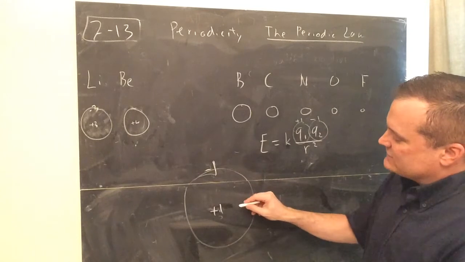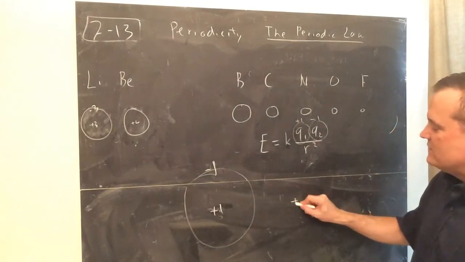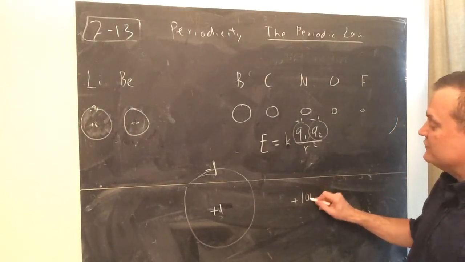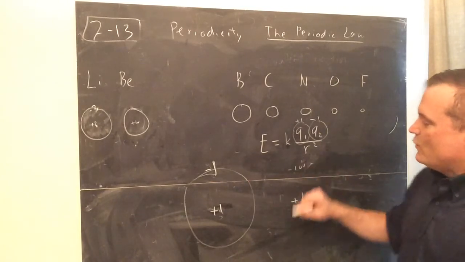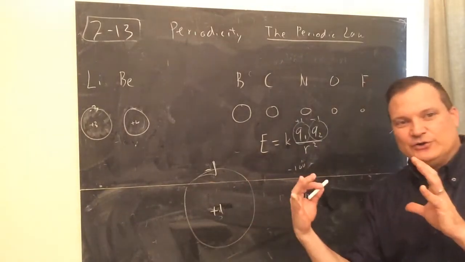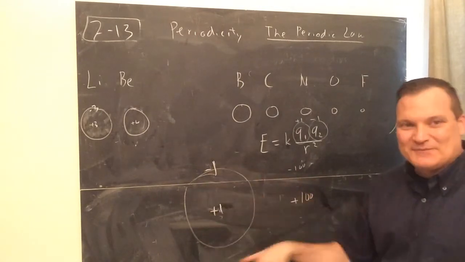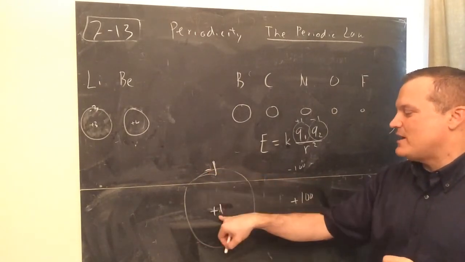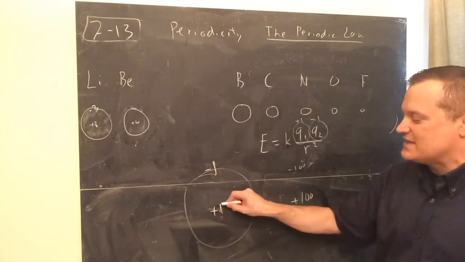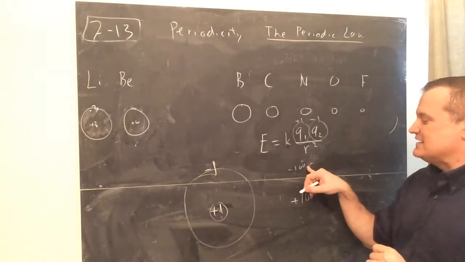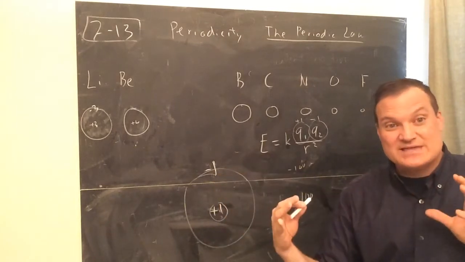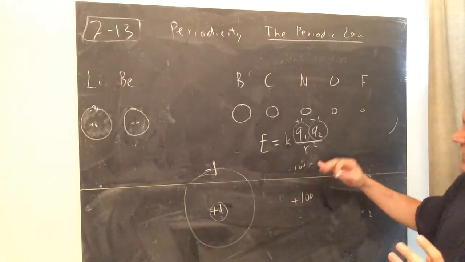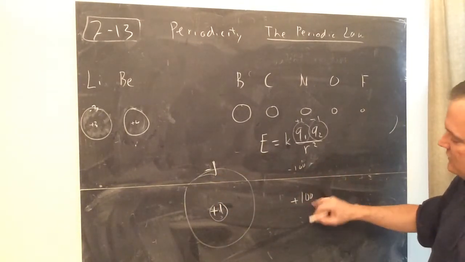Okay? But if I could turn another one up to +100, and make that -100 on the outside, would you expect that balloon, if the balloon skin was -1 and +1 for the nucleus inside it, but another balloon, if it was -100 and +100, would you expect it to be larger, smaller, or the same? Well, it should be smaller, pulled in a lot closer.